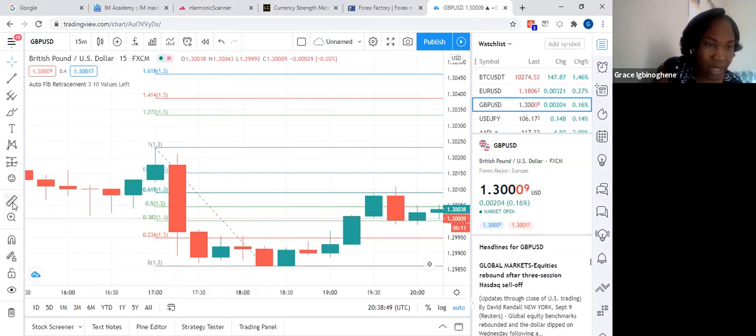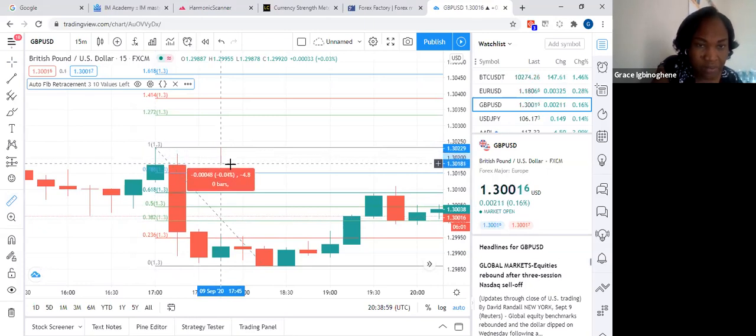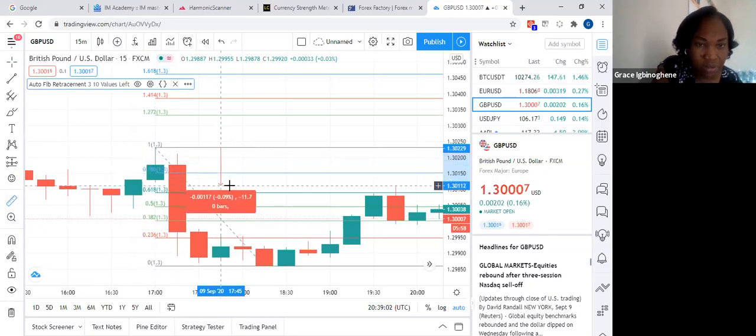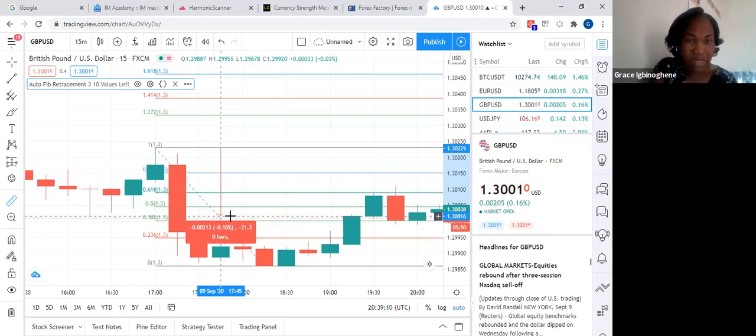That's all I want. So I go to my ruler, click on it, I bring it down here. Why is it not showing? I take it down to here, and I see that my pips is 21 pips. I have 21 pips to gain from this trade.